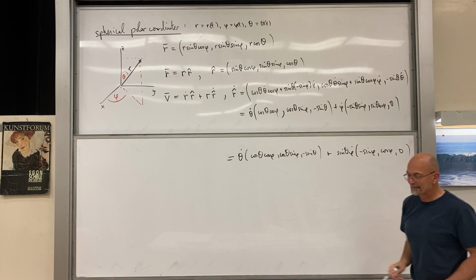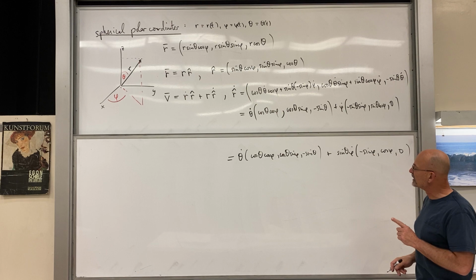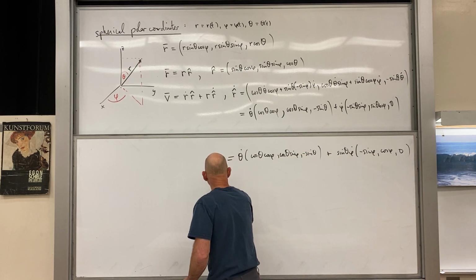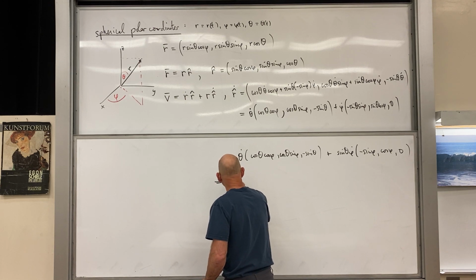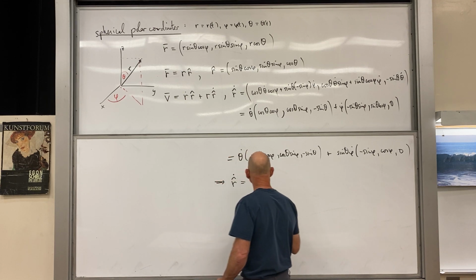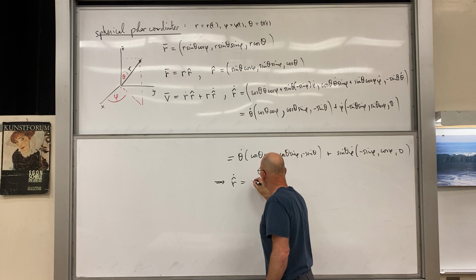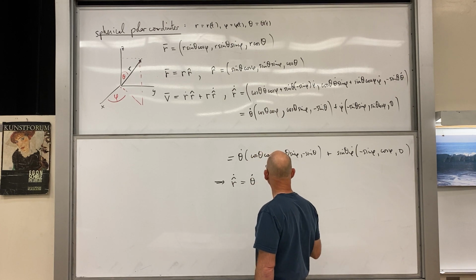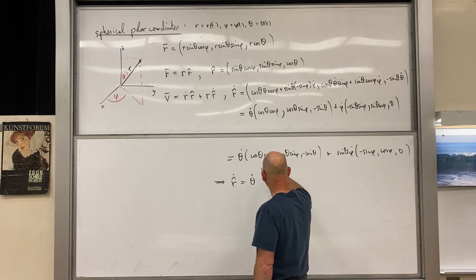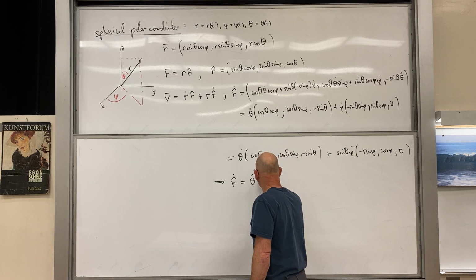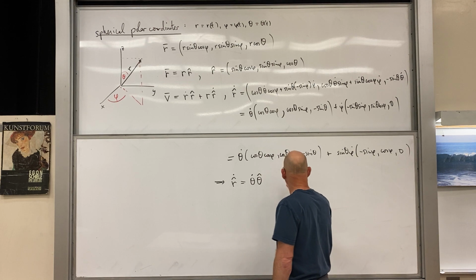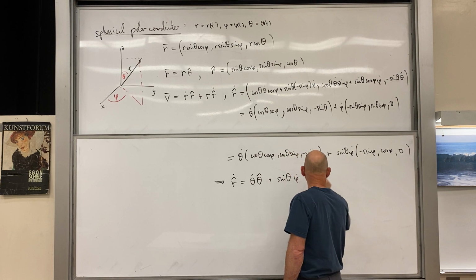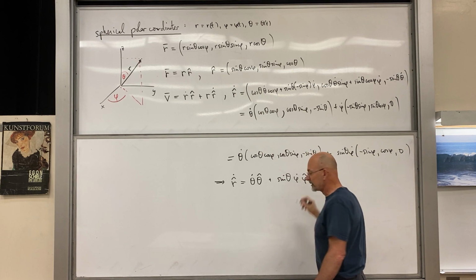Okay, so we're actually looking at our unit vectors now. Namely, we have r hat dot is equal to theta dot, and this is going to be theta hat, plus sine theta phi dot, and this one here is going to be phi hat.